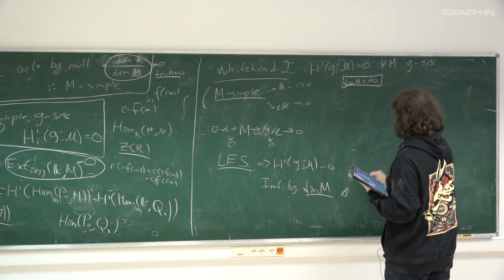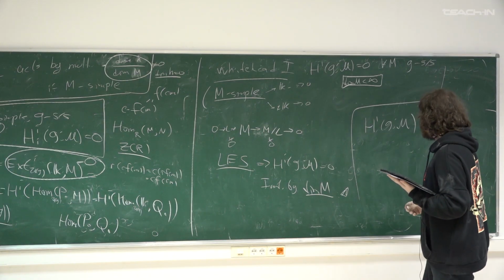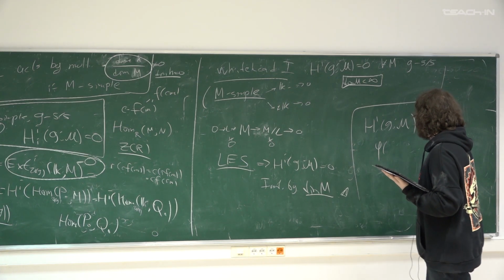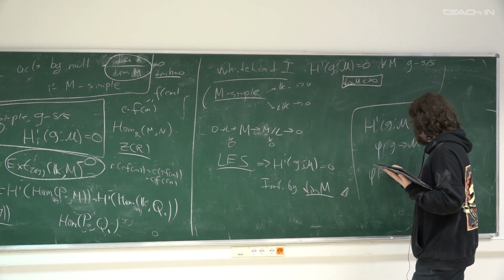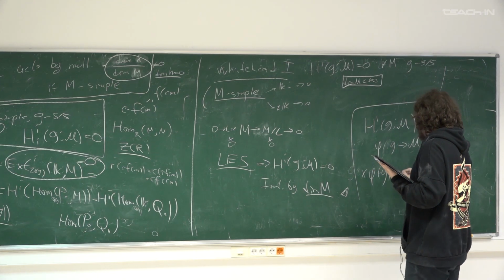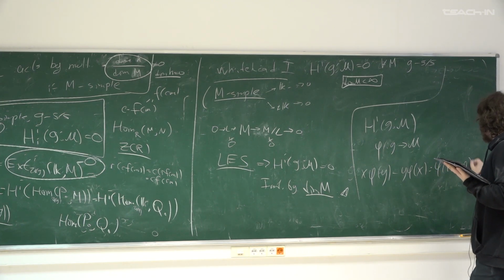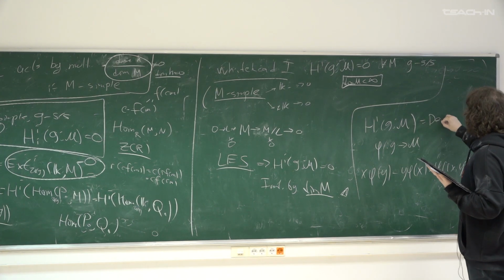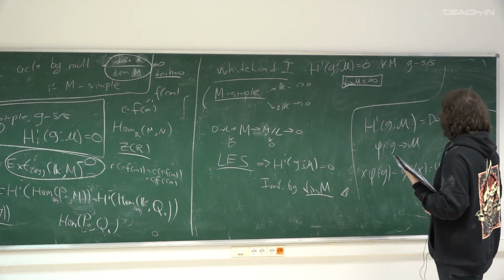Now, for example, I didn't say this, but what is the first cohomology? What are one-cocycles? One-cocycles are linear maps φ from G to M such that x·φ(y) minus y·φ(x) is φ of the commutator. They are so-called derivations, derivations of G with values in the G-module M. And among all derivations, we have inner derivations.